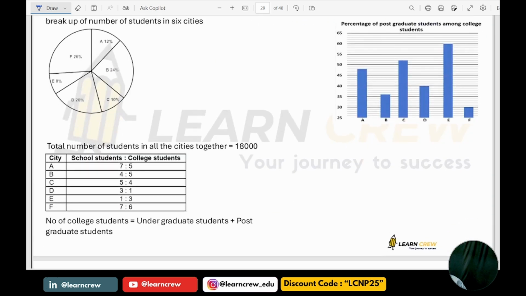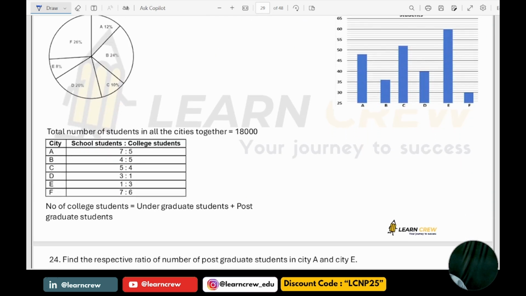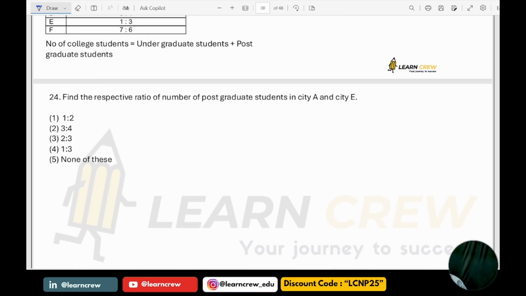Next. Question number 64. What is given here? Find the respective ratio of number of postgraduate students in city A and city E. So city A already we calculated, the total number of students is 2160.